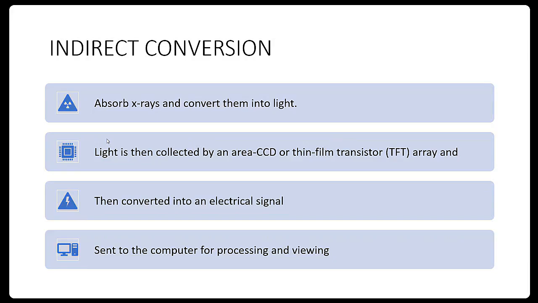X-ray is converted into light by a scintillator, such as thallium doped cesium iodide. So what is the scintillator we use in indirect conversion? We use a scintillator such as thallium doped cesium iodide. And what is the photoconductor we use in indirect conversion?